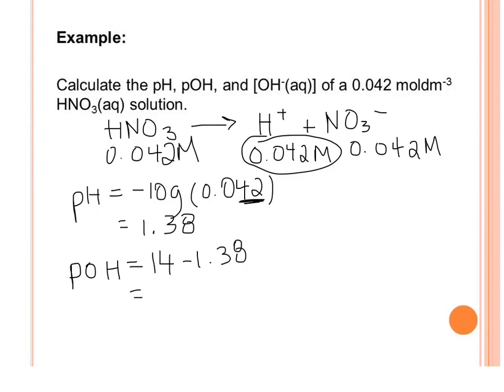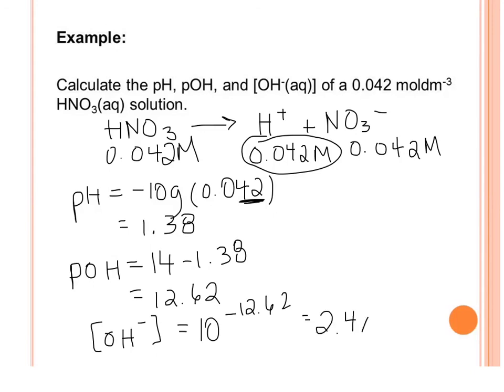This would give us a pOH of 12.62. And then to find out our OH minus concentration, we're going to take 10 to the negative 12.62, which gives us 2.4 times 10 to the negative 13 moles per decimeter cubed.